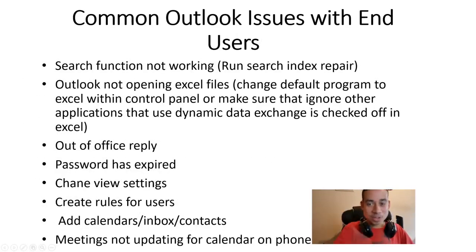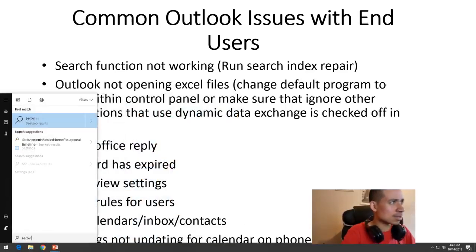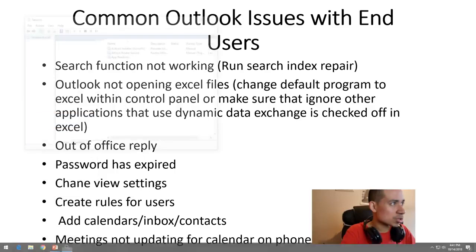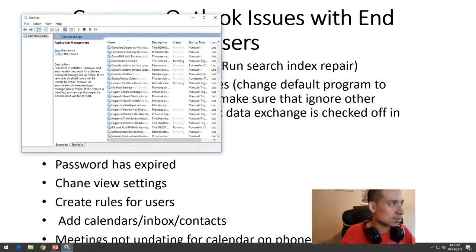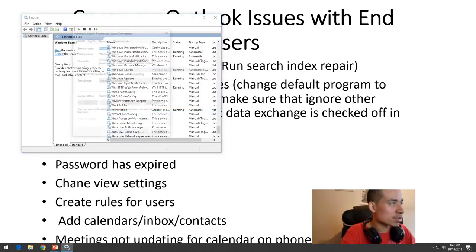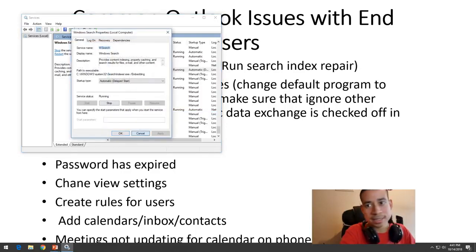So more Outlook issues. Outlook issues with end users. Search functionality is not working. You go to services. It should be called Windows Search. So Windows Search, you stop it, and then you run it again. It should fix it.